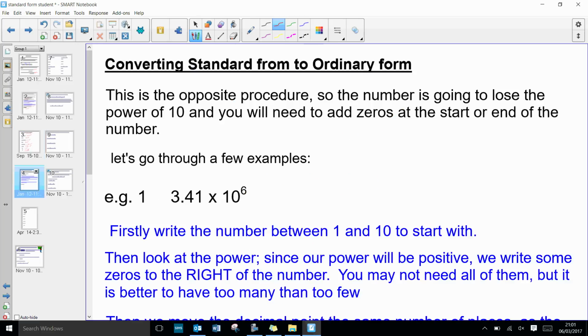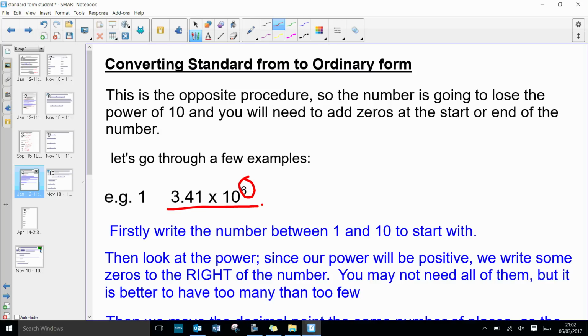So now let's look at converting standard form to ordinary form. So in these cases, we're going to be going the opposite. We're doing the opposite operation. So we're going to start off with something that looks like this, and we're going to end up in ordinary form. So we know that a positive power means that the number is going to be bigger than 1.